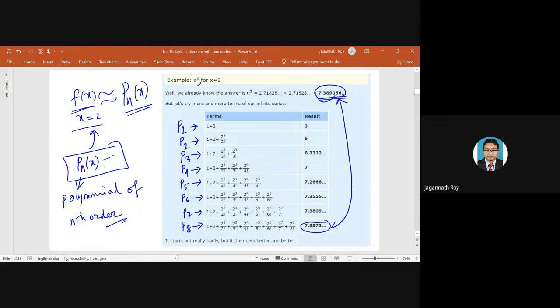Suppose we don't know the function's expression. There we have some fundamental functions, for example, e power x, cos x, sin x, 1 by 1 minus x, then log 1 plus x. So these are some fundamental functions we know. With this basic knowledge, we will try to approximate a given function using polynomials.